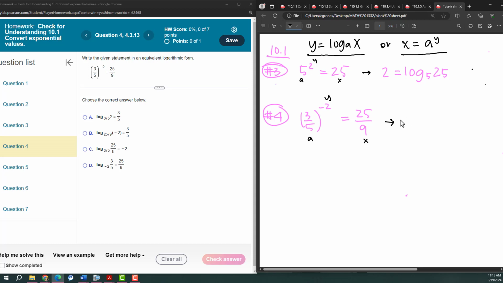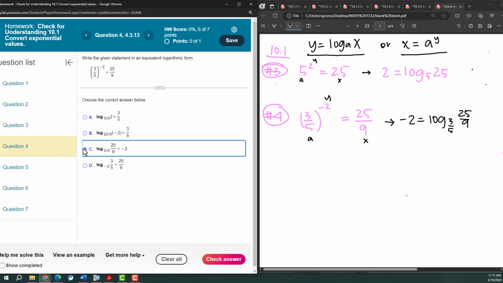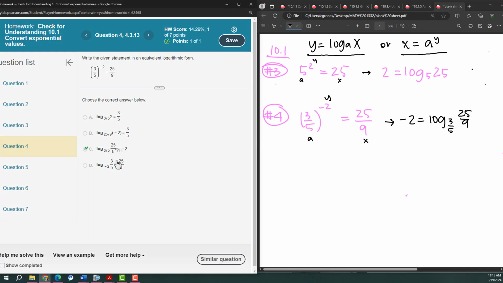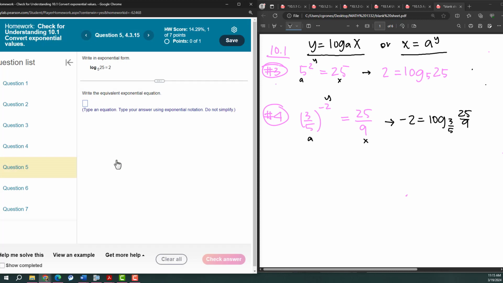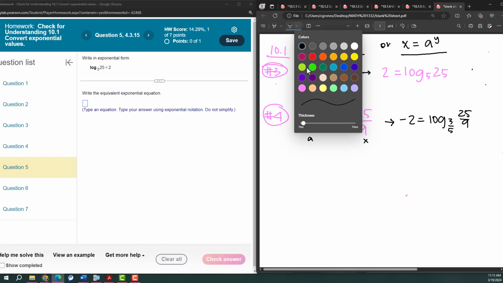So I get that -2 equals log with the base of 3/5 of 25 over 9. So this particular one is multiple choice, so we're just going to choose the one that it is. All right. So number 3, number 4, number 5 is also going to be on the test.